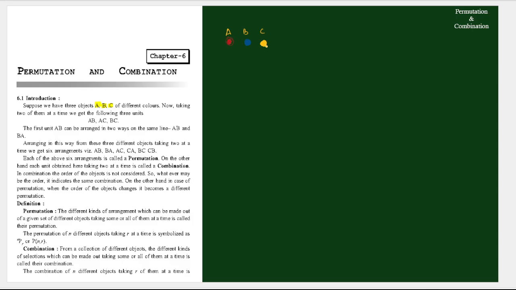Now taking two at a time, how many different arrangements can you get? First you can combine these two, then you can combine these two, and after that you can combine these two. So what do we have? Taking two colors at a time, two different balls, red ball, blue ball, yellow ball.